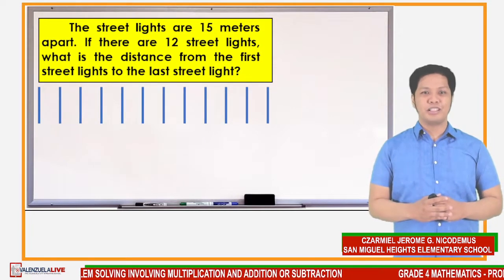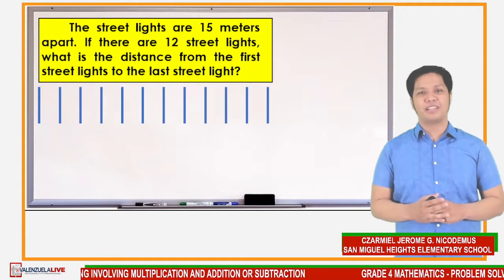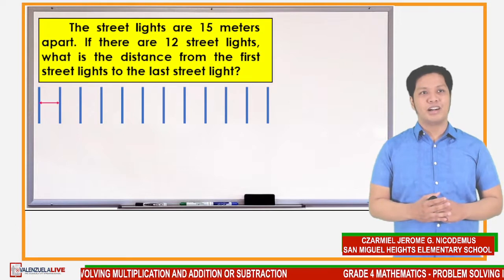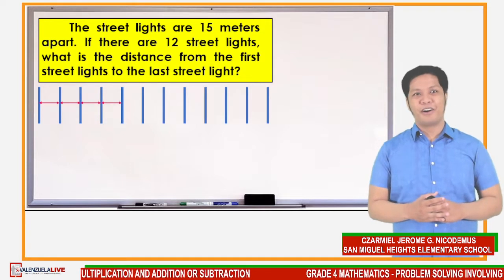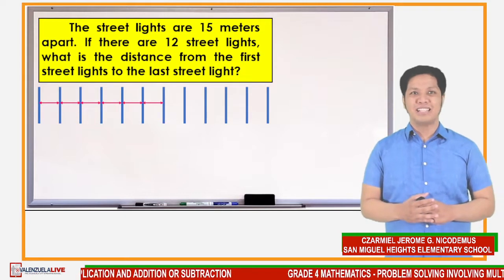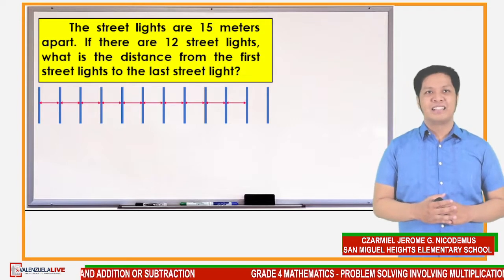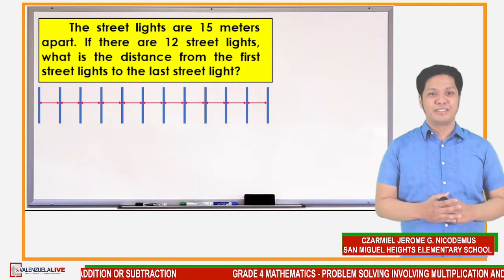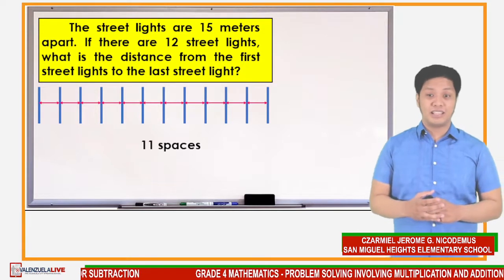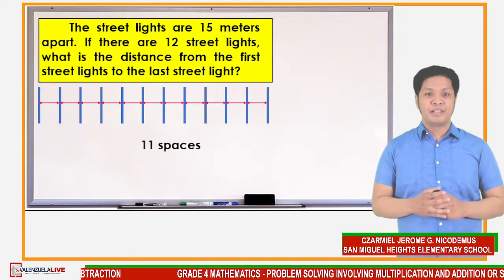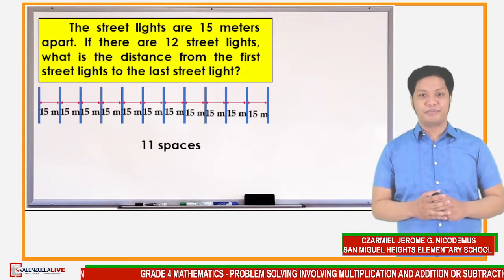So this time, we need to count the spaces between the sticks, which represent the spaces between the street lights. So there are 1, 2, 3, 4, 5, 6, 7, 8, 9, 10, 11. So there are 11 spaces between the street lights. And remember, the street lights are 15 meters apart.